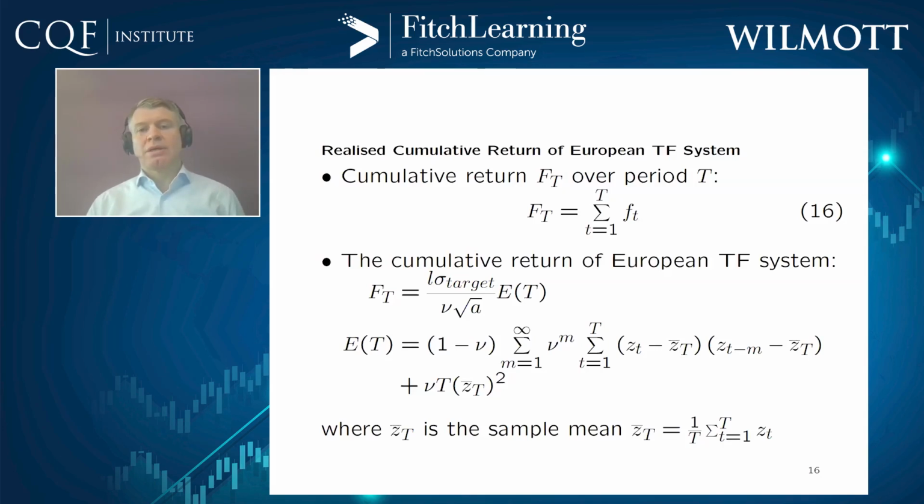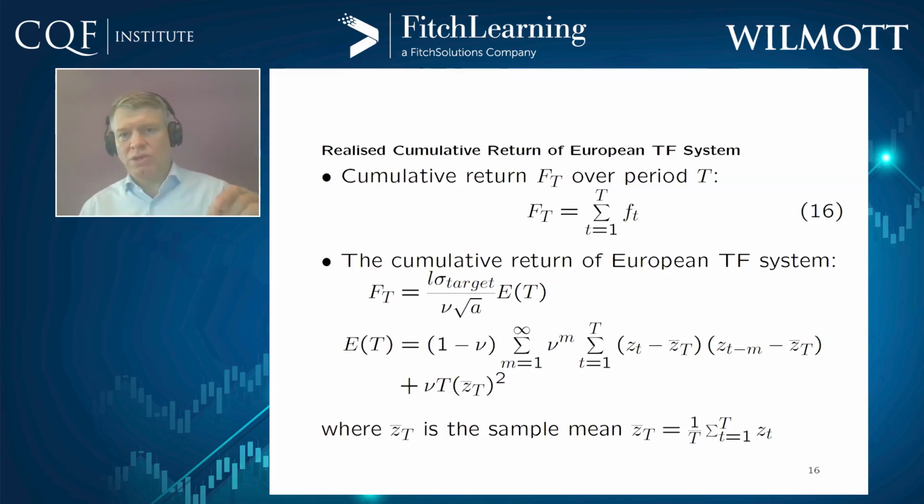If you recognize here, this summation, it's autocorrelation, right? It's how different returns correlate with each other at lag m, and the weight of each autocorrelation term is proportional to the filter smoothing parameter in power m.